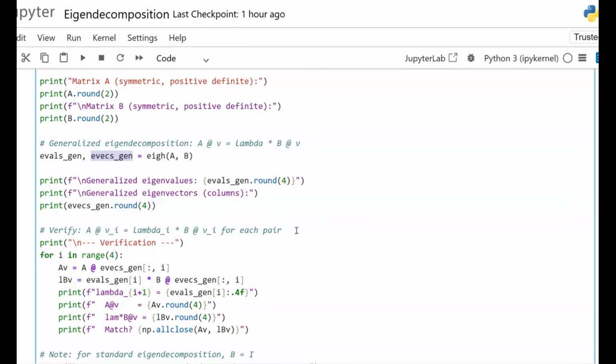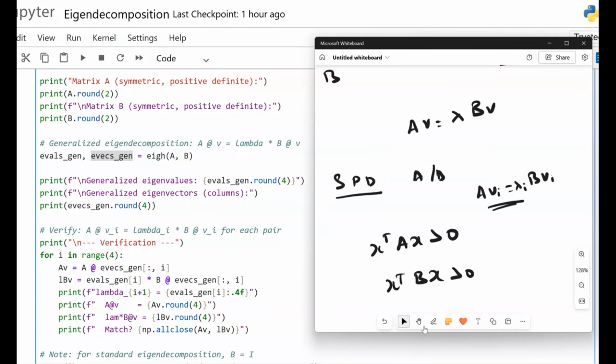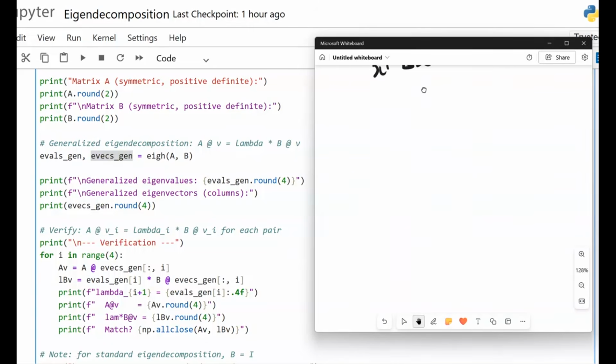When we interpret this generalized eigendecomposition, unlike the standard eigendecomposition, that is AV equal to lambda V, this generalized eigendecomposition measures scaling relative to B. So here we get lambda equal to V transpose A times V divided by V transpose B times V. So this is a generalized Rayleigh quotient.